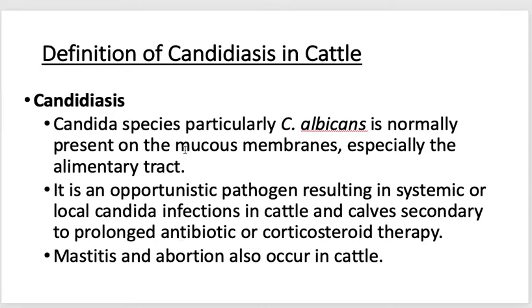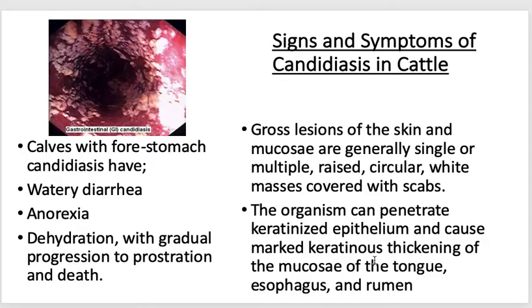The outcome of this candidiasis can be mastitis and abortion in cattle. Mastitis is the inflammation of the udder, and abortion can also occur in cattle.